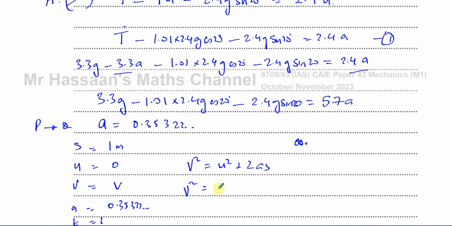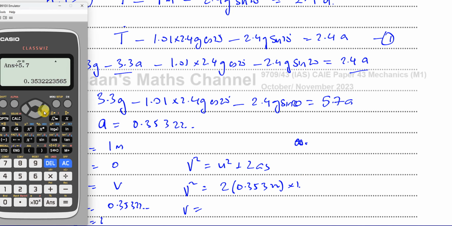So we can work out what V is, the square root of that. So let's take this value, multiply it by 2, and then take the square root of that. So the square root of our answer is going to be 0.8405 meters per second.